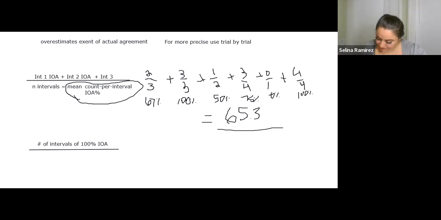The number of intervals with 100% IOA divided by the number of intervals times 100 will give us our exact count per interval.